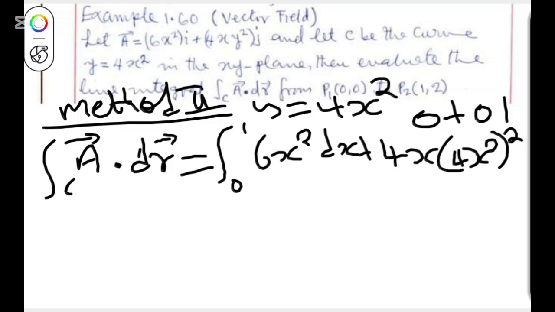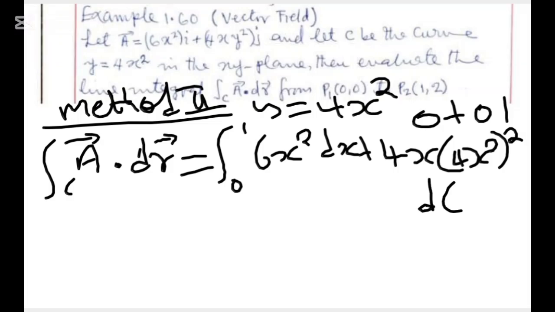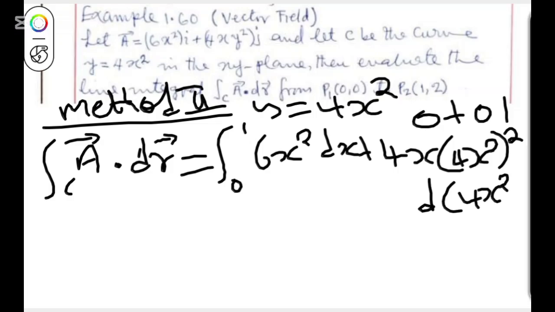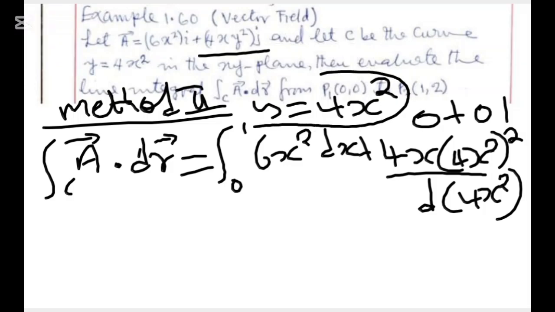Don't forget I have dy, so I have to say d by dy, y which is 4x squared. I hope you know where I get this. This is 4x squared, and therefore I have 4x. So this is my 4x, and I have y squared, and y squared is the same thing as 4x squared, so I'll put 4x squared, as you can see from this.